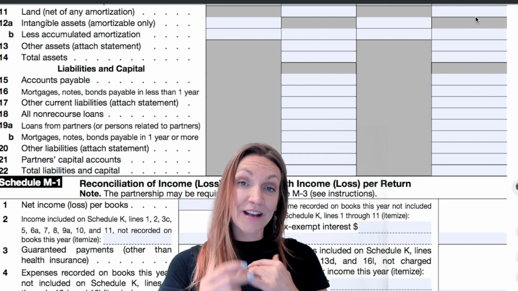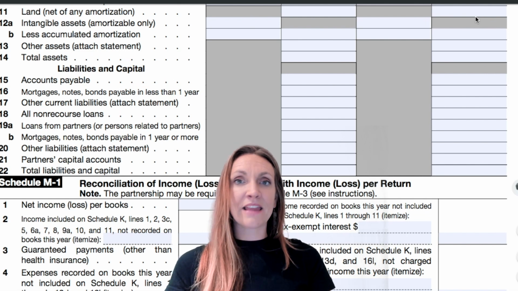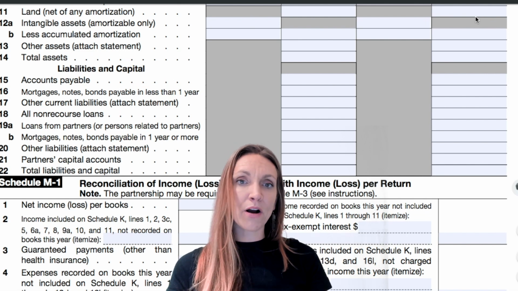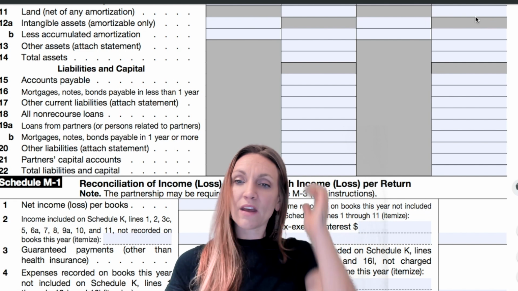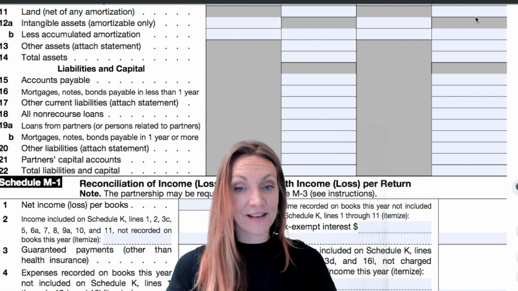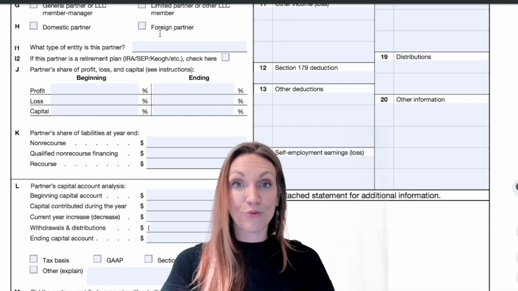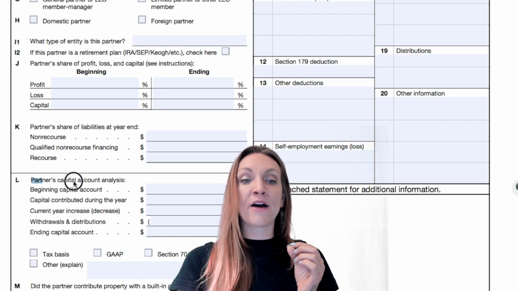So you should have a capital account for each partner in the business on your books, and that tracks any amounts that you borrow or that you take out of the business, as well as everything you put into the business.